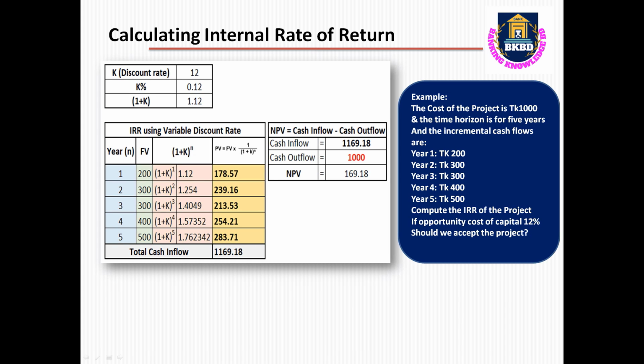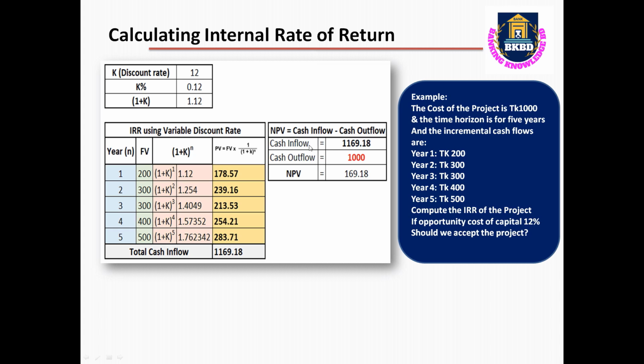Okay, so we know that the K value was given at 12%. K percentage is 0.12, and 1 plus K equals 1.12. Okay, so there is the NPV formula, cash inflow subtract cash outflow. We know that earlier.